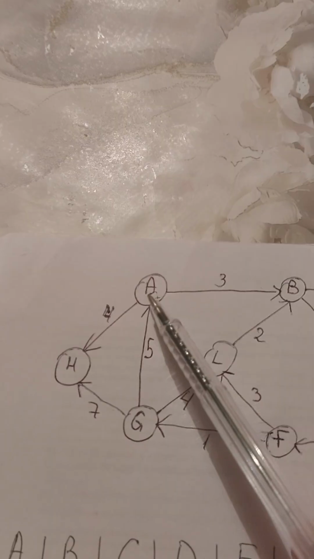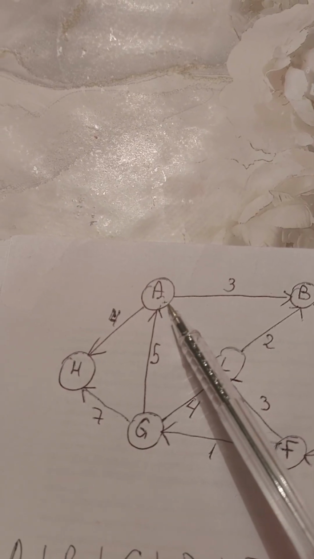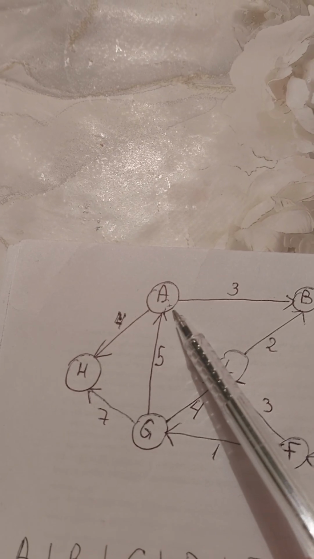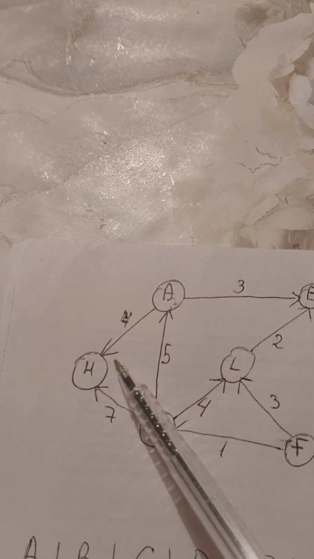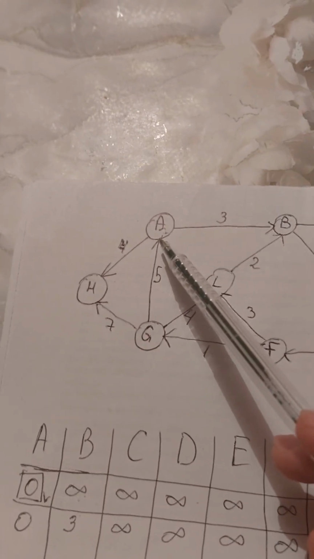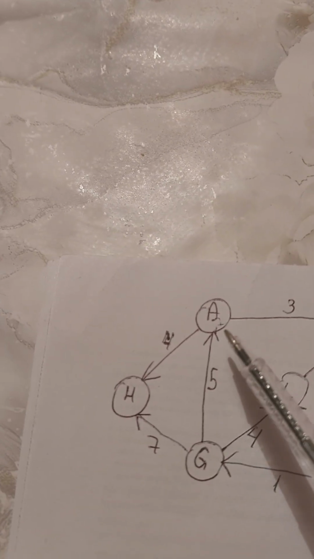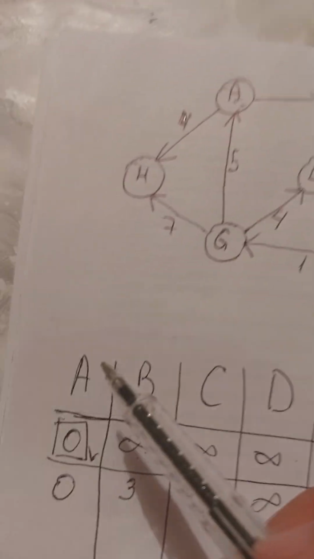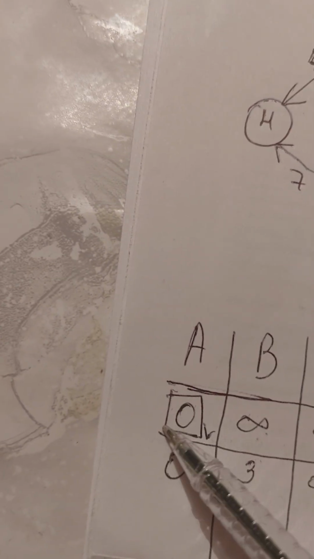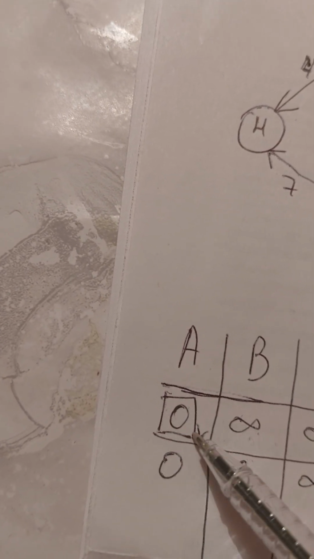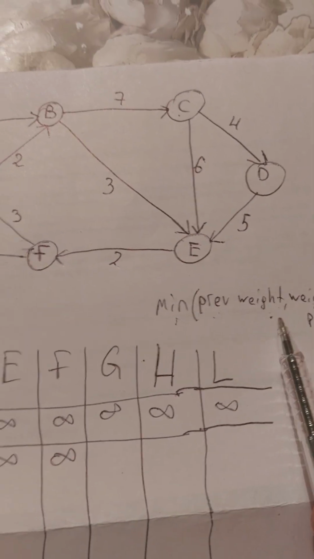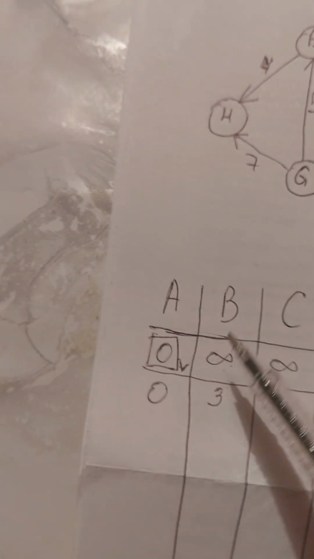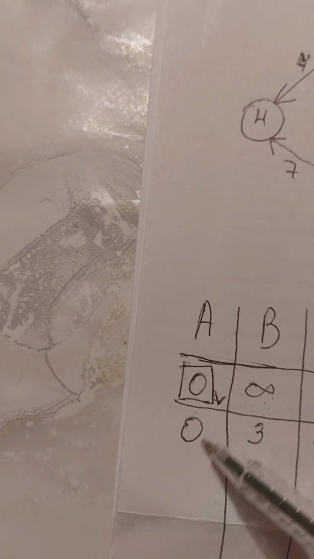And next one, from A we have direct arrows. The direct paths are from A to B and from A to H. So from A to A, here is our previous label, it's 0. Let's define it as a square. The previous weight is infinite, so here we have to keep 0.